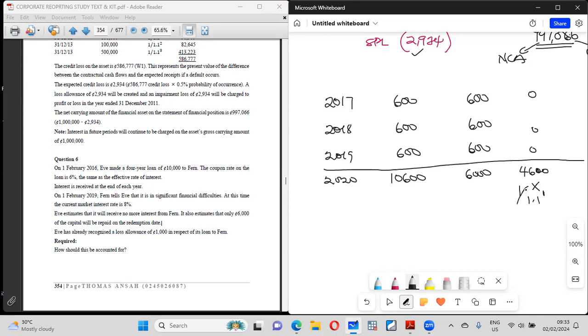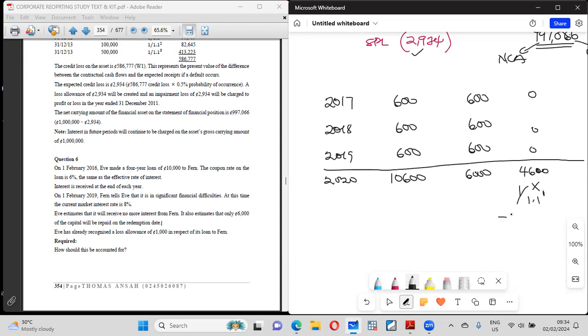4181. So it's 4,600. So you have 1.1 raised to the power 1. So 1 divided by that, you have 0.099 something. Multiplying it by 4,600, you have what? 4182.